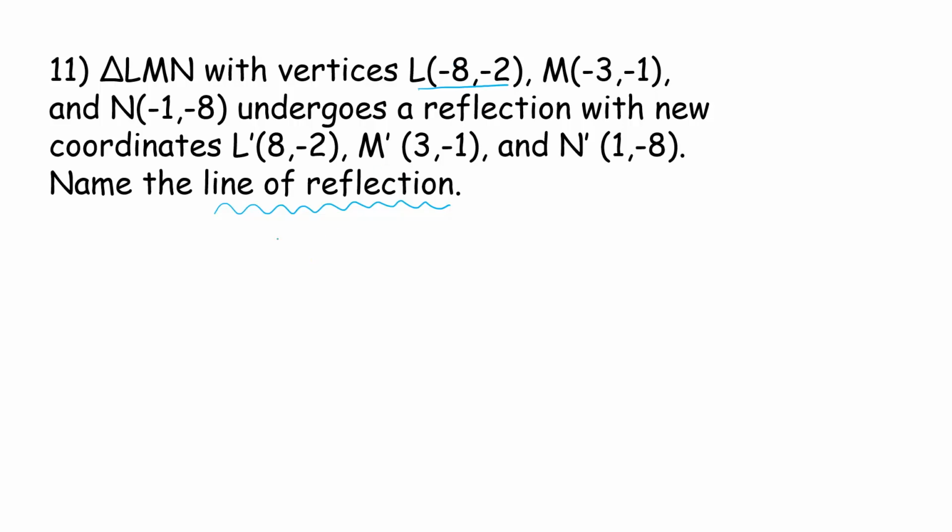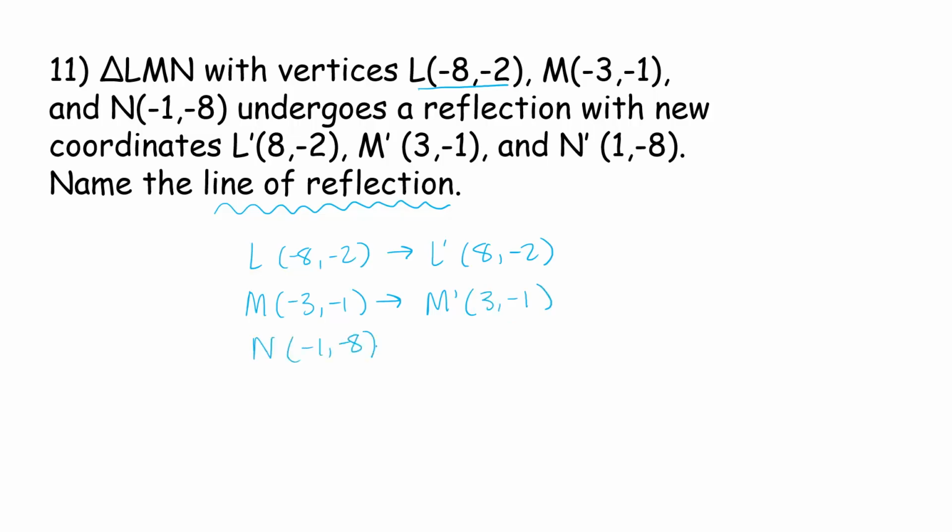Well, let's look at L goes from -8, -2, and it becomes L prime, which is 8, -2. I'm just going to compare them side by side. M is -3, -1, and it becomes M prime, which is 3, -1. And then N is -1, -8, and it becomes N prime, which is 1, -8.